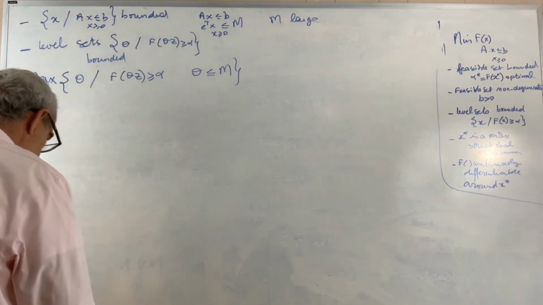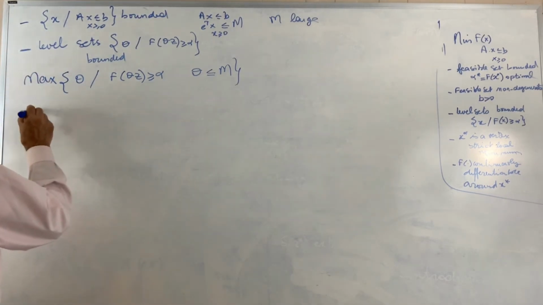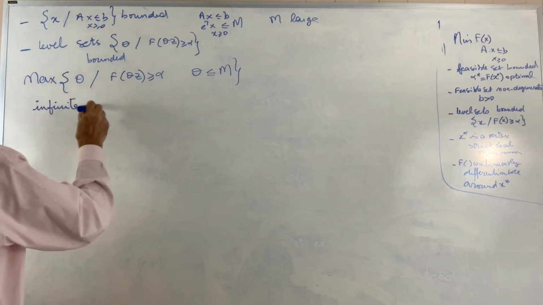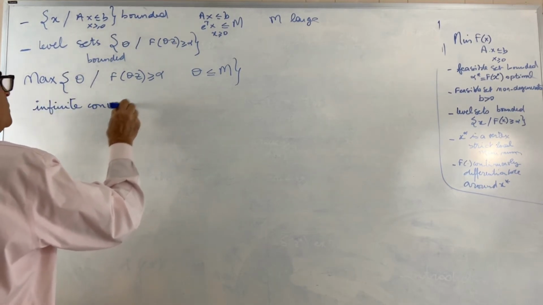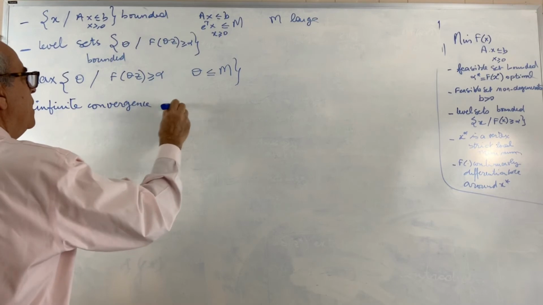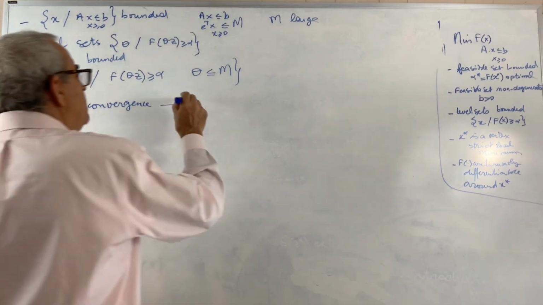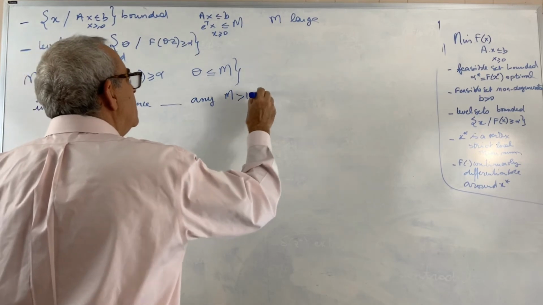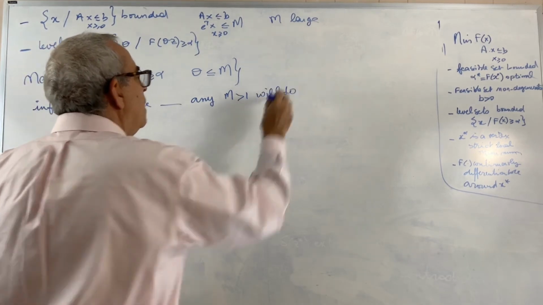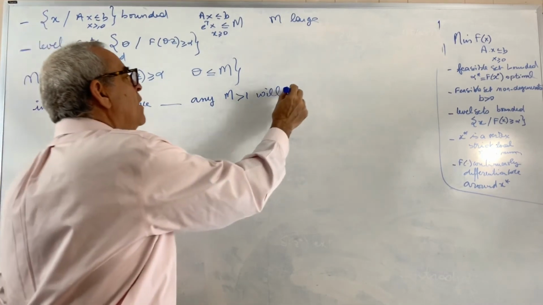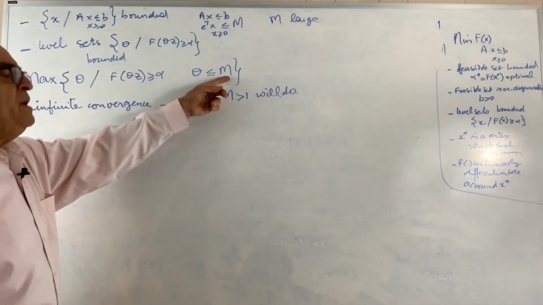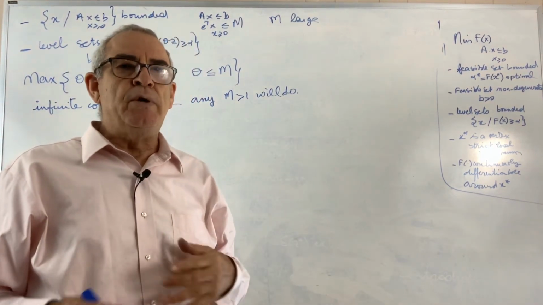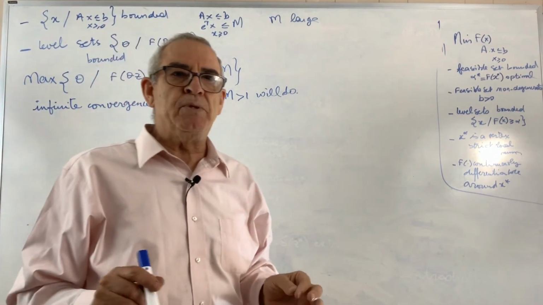So now, if you go back to the proof of infinite convergence, any M bigger than 1 will do. All the results that I went through, if I choose any M, like M equal to 2, for example, then the proof of infinite convergence is still valid with minor modification.